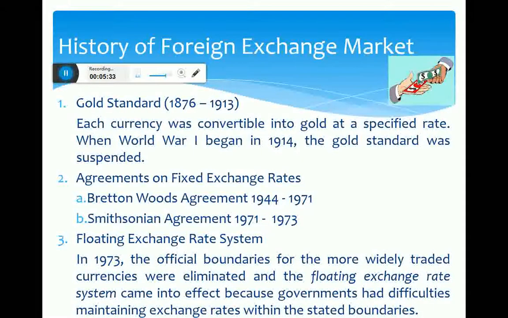So the gold standard is the era from 1876 till 1930, where each currency was convertible into gold at a specific rate, and the rates between different currencies of the world were based on the power of that currency to gold, which means that each currency was backed by gold.